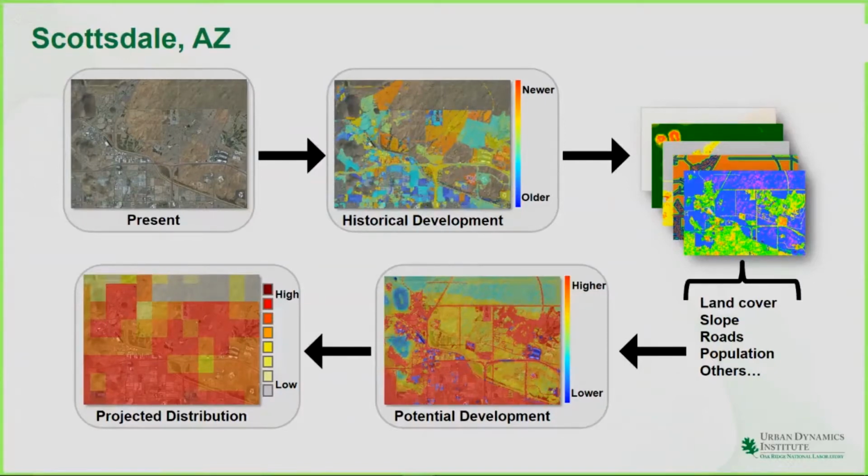So this is not to say all these areas in red here are going to become developed, but if population growth was likely, this is most likely where that growth would occur.